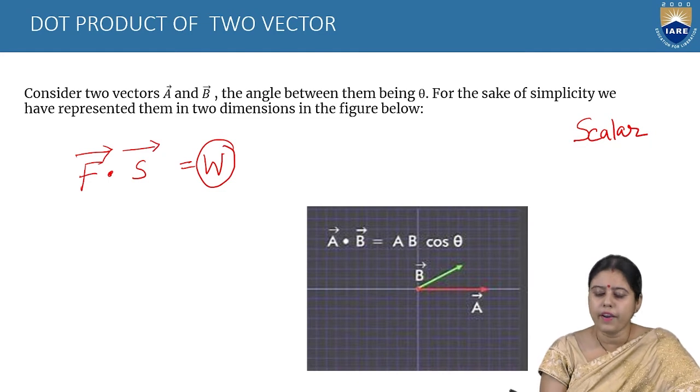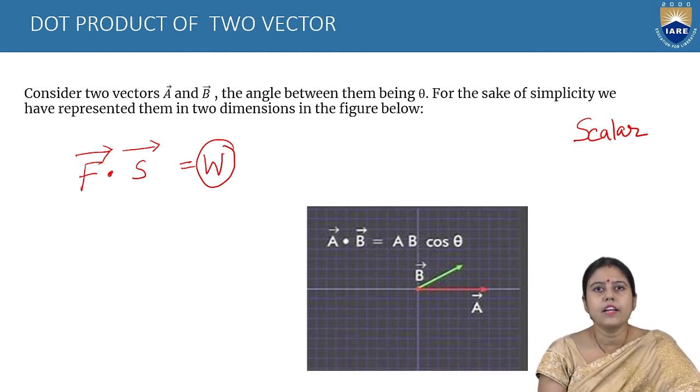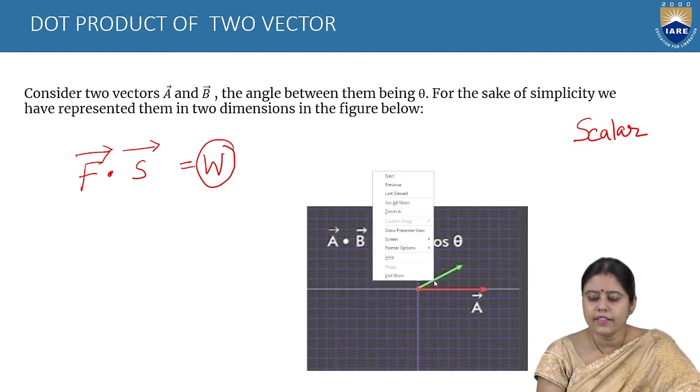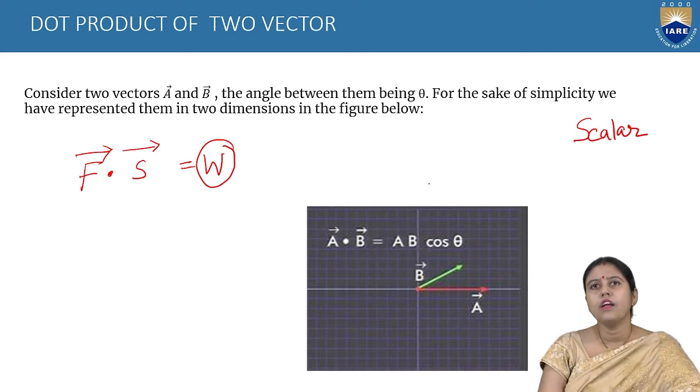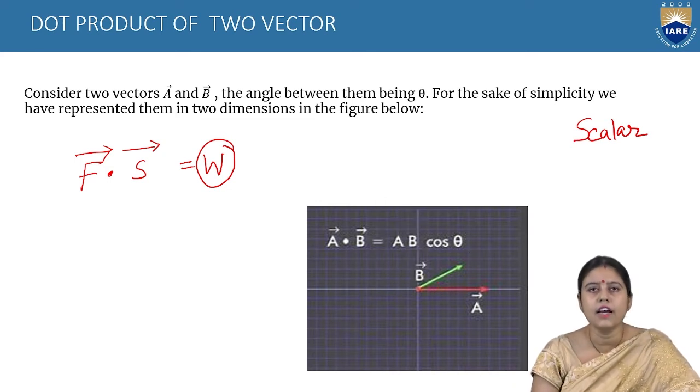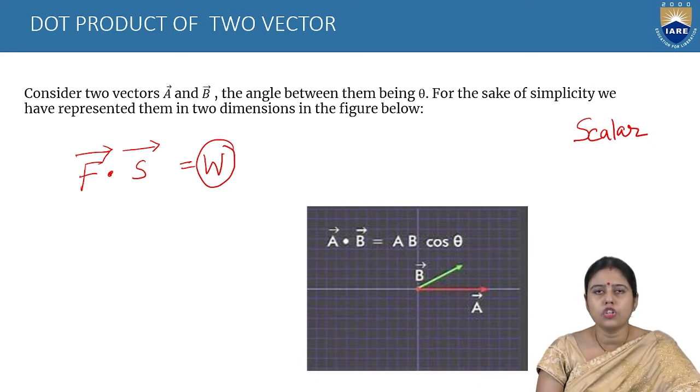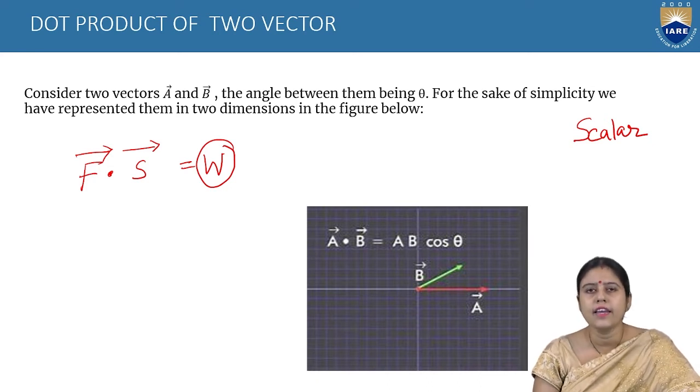So if one vector is A, another vector is B, and the angle between them is theta, we can write the dot product as AB cos theta, where A is the magnitude of A vector and B is the magnitude of B vector.